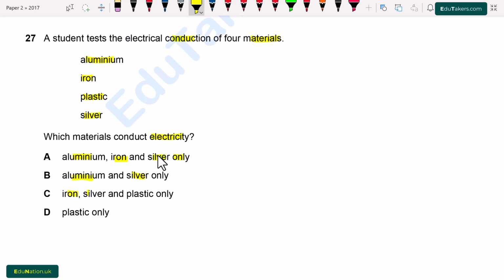C. Iron, silver and plastic only. D. Plastic only. From here, aluminium, iron and silver are all conductors, but plastic is an insulator. The conductor contains free electrons, due to which conduction takes place in this material. It means that aluminium, iron and silver conduct electricity. From here, option A is correct.